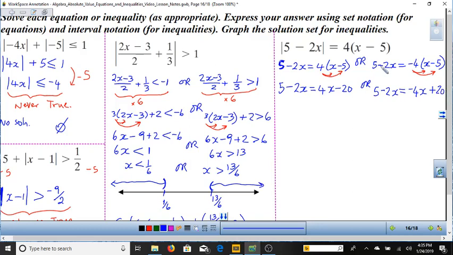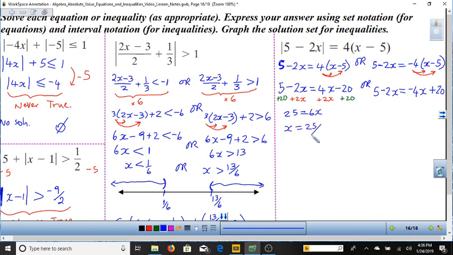Then we combine the variables together. Since the 4x is positive and the 2x is negative, I'll just add 2x to both sides. And at the same time, to get the x's by itself, I'm just going to move the -20 to the other side by adding 20 to both sides. When I do that, I would get 25 is equal to 6x, which I can then solve for x, and that gives me x is equal to 25 over 6.